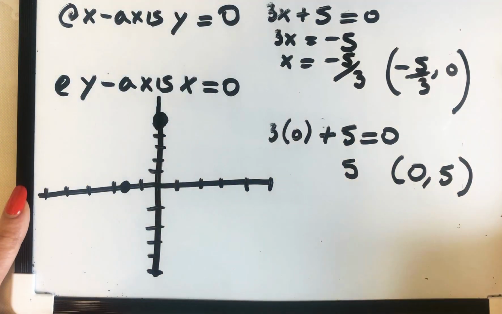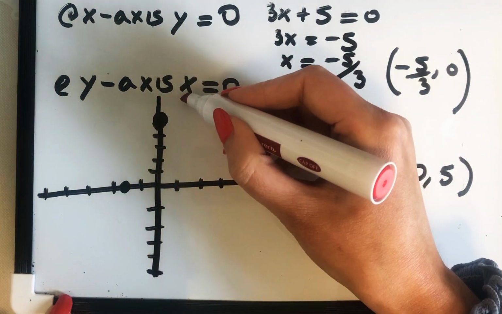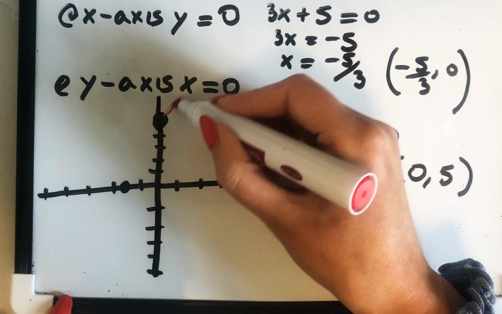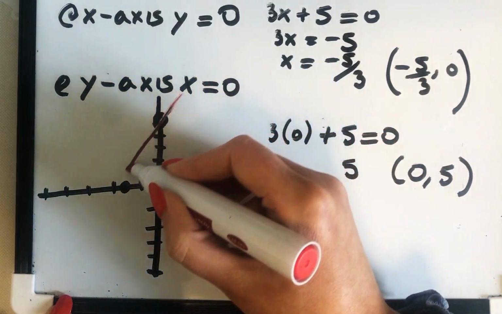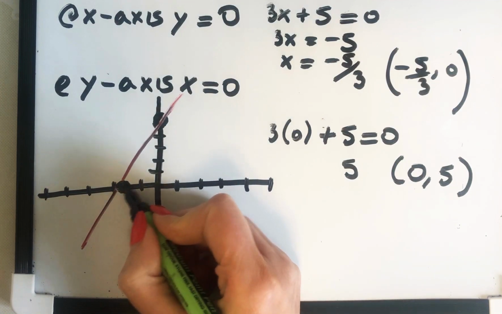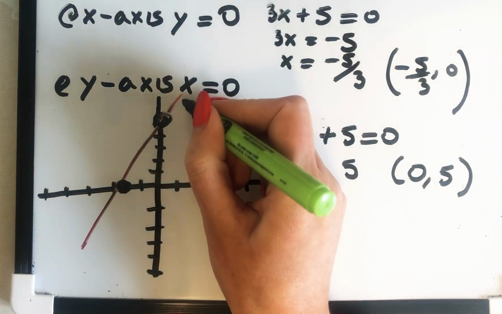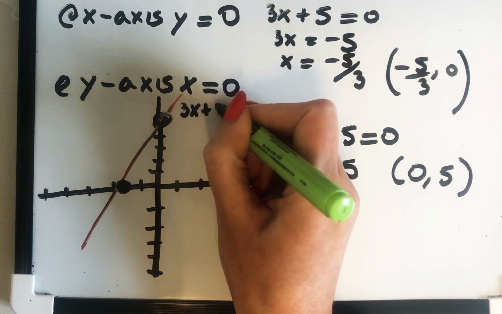So if we take a red marker and join these together, so let's pretend it's joining there, like that, and there. Well, this is our line, 3x plus 5.